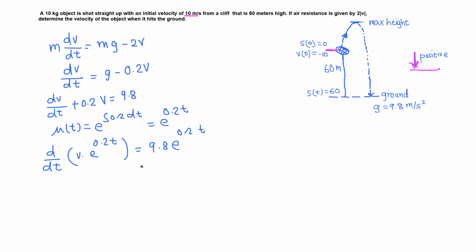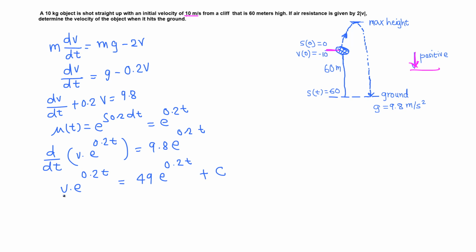Now integrate both sides with respect to t, we get v times e raised to 0.2 t equals the integral of the exponential function, itself divided by 0.2, so 9.8 divided by 0.2, that's 49, e raised to 0.2 t plus a constant of integration.